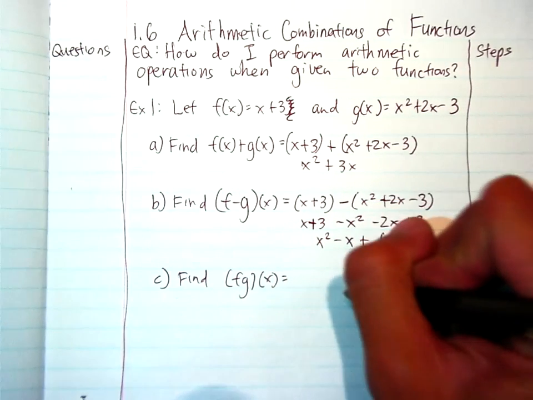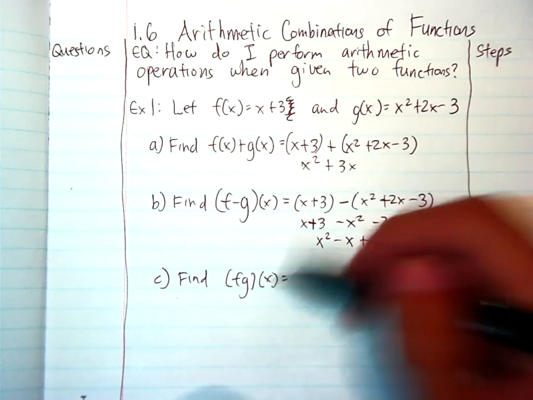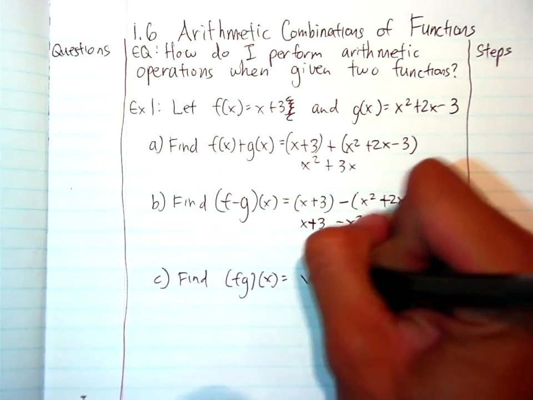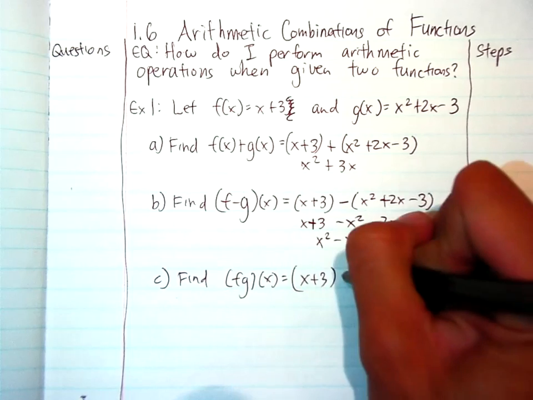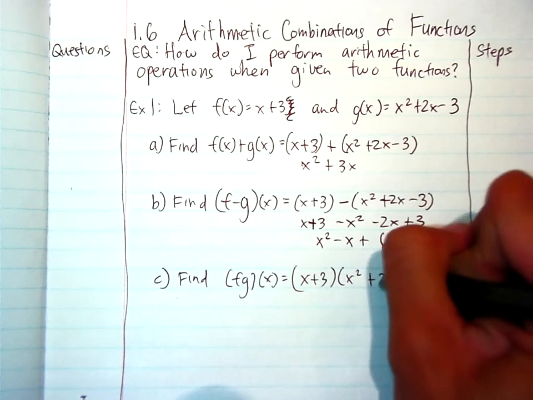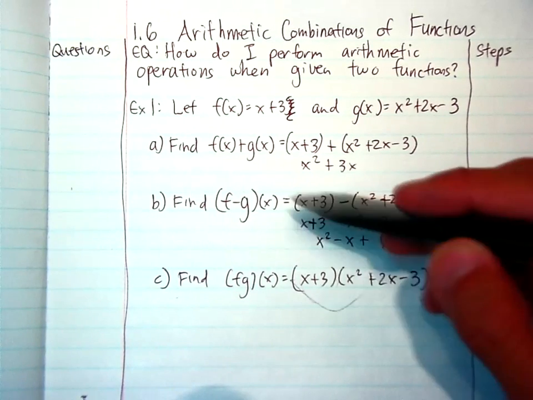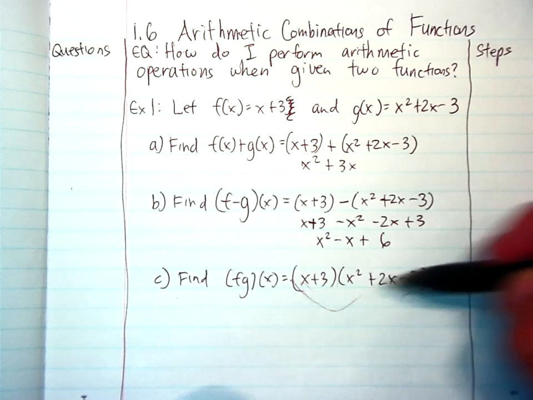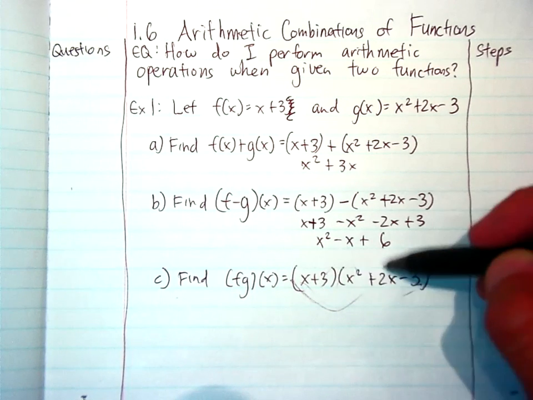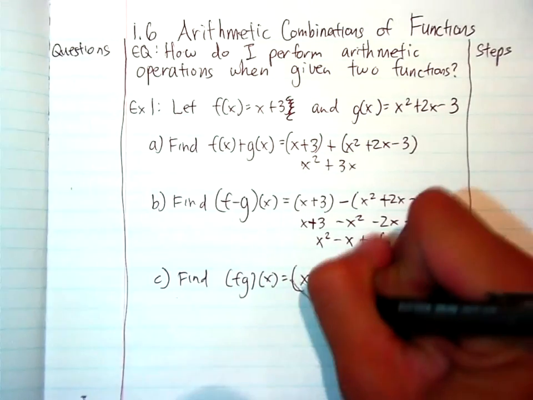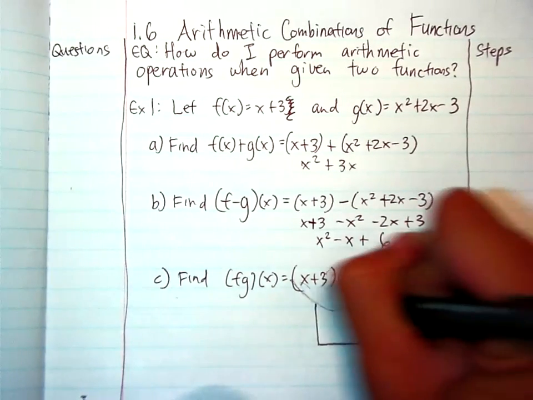Alright, last one. F of x times g of x. So I know that I have to multiply. So x plus 3 times x squared plus 2x minus 3. And depending on how you multiply, you can multiply each term. So I can multiply the first term by each of the terms, then I can multiply the second term by each of the terms. Or like Mr. Doan said, you could draw a 2 by 3 box.